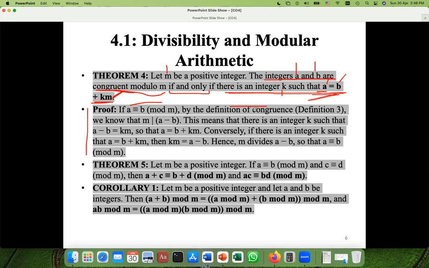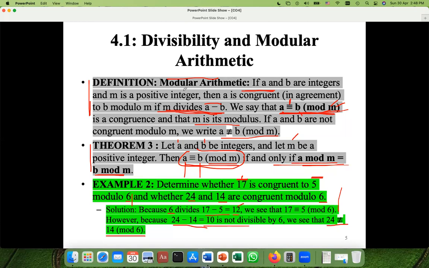What is the definition of congruence? a is congruent to b modulo m if m divides a minus b. So this is the definition of congruence: there is a congruence between a and b when m divides a minus b. So we are using this definition.